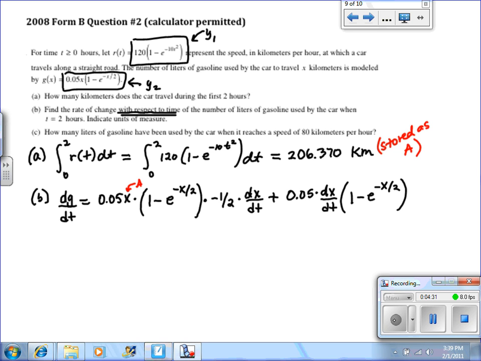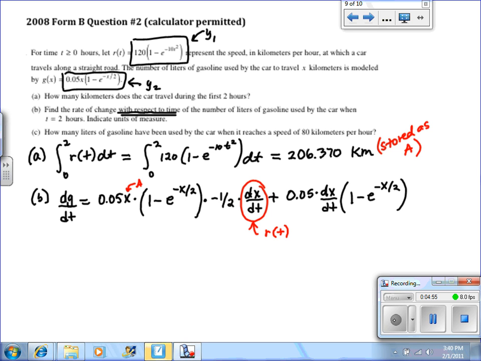So x is in kilometers. Now dx over dt is kilometers per hour, which we talked about with R of t. So dx over dt is actually R of t.